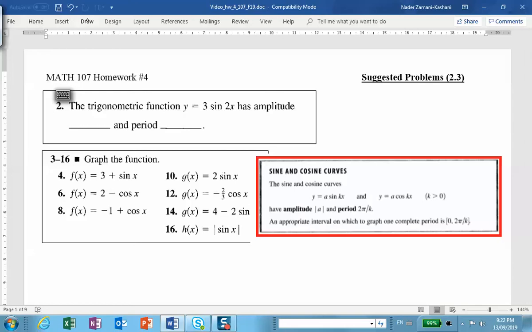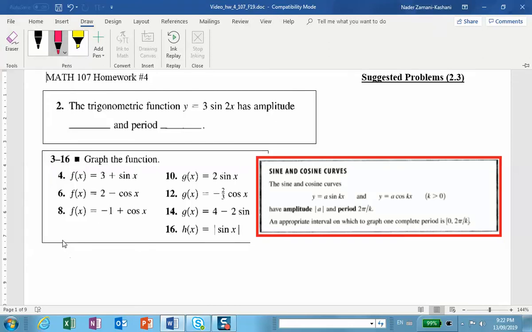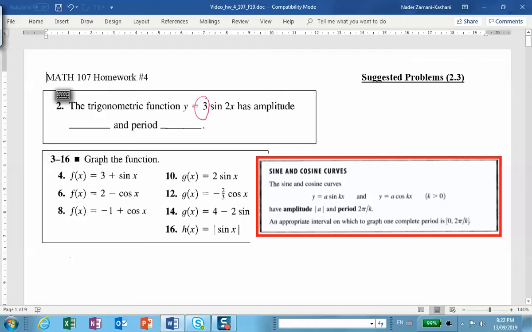My first problem is what you see here. It says, suppose that y is equal to 3 sine of 2x. What is the amplitude? Well, the amplitude is the thing that's multiplied by the sine or cosine, as you can see right there. So the answer here is 3, and the period comes from this value.